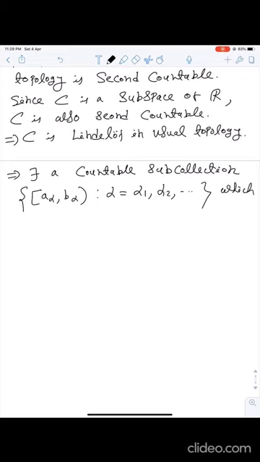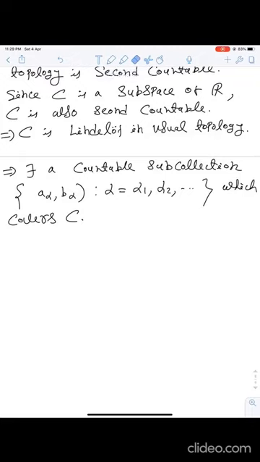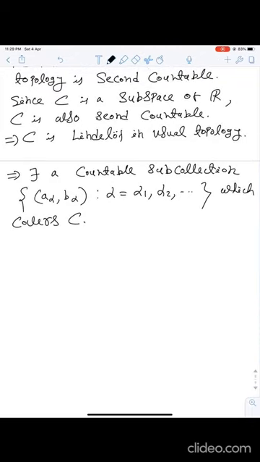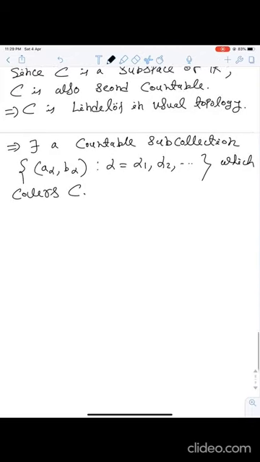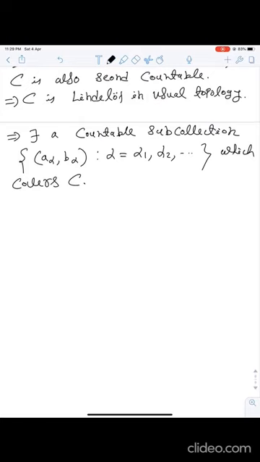which covers C, sorry, not this one, this one, this covers C, right? Now since this union of open sets covers C, we can go back to our lower limit topology.